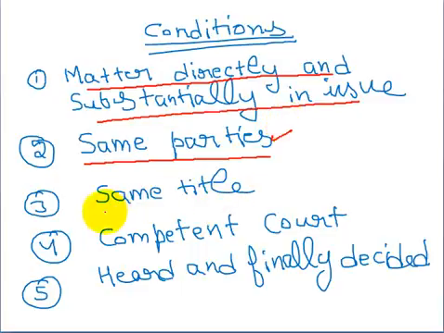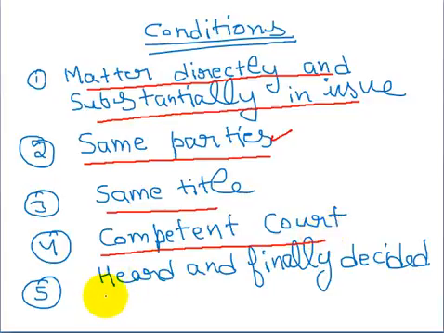Third condition, same title. Such parties must have been litigating under the same title in the former suit. Fourth condition, competent court. The court which decided the former suit must be a competent court to try the subsequent suit or the suit in which such issue is subsequently raised.